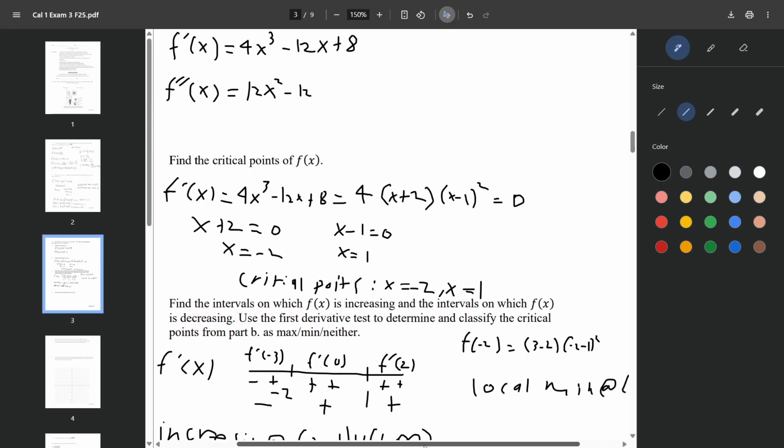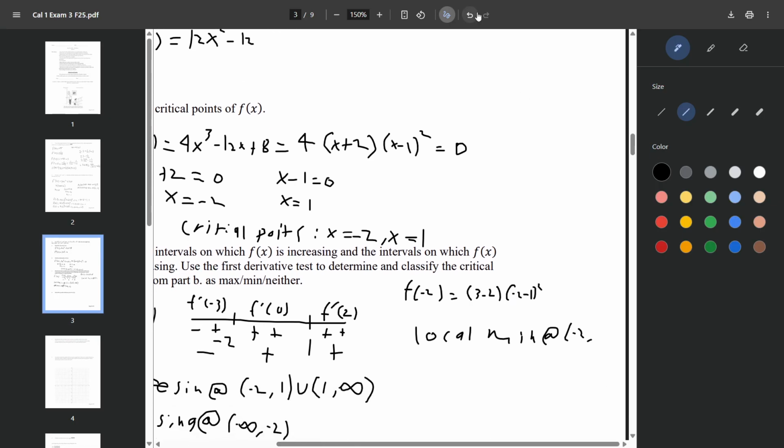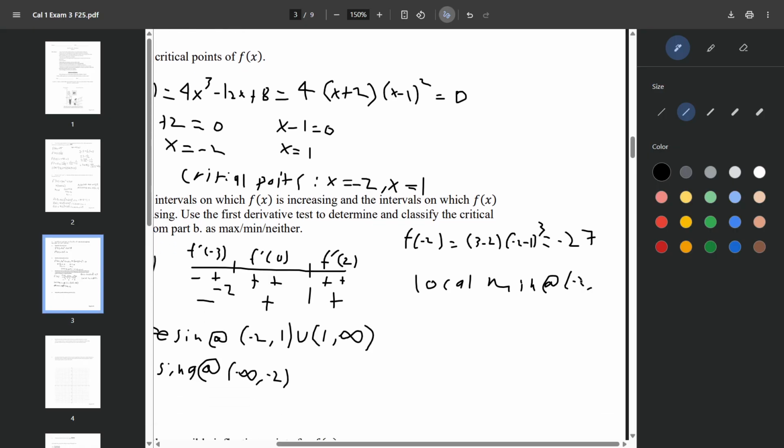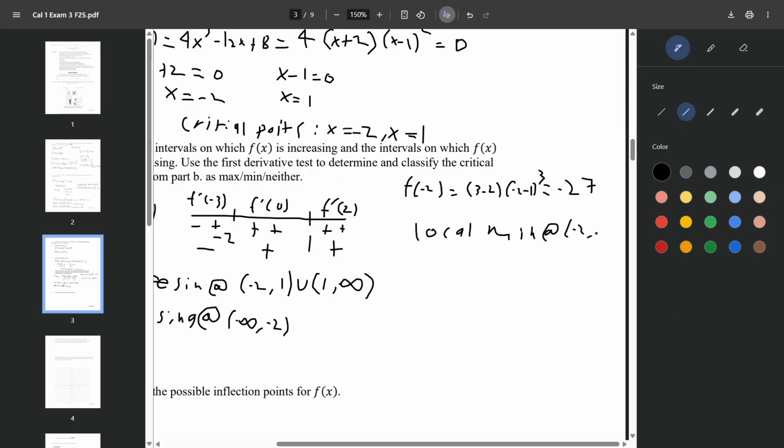Oh, it's third. Yes. Good thing I checked. And that is equal to -27. So our local min is at -2, -27.